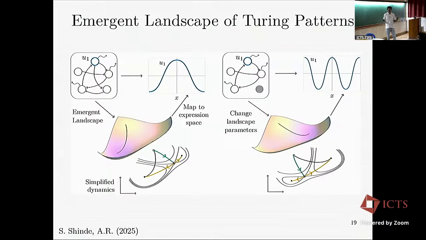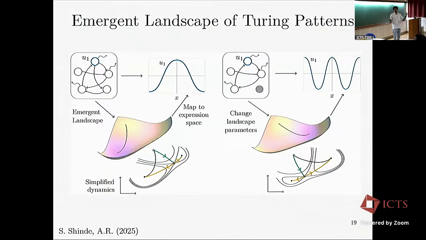Basically, in the case of Turing, what you have to do is go away from thinking about single cells to thinking about some basis functions, and start thinking about the dynamics of the coefficients of those basis functions. The obvious basis function in this case is to take your Fourier modes.